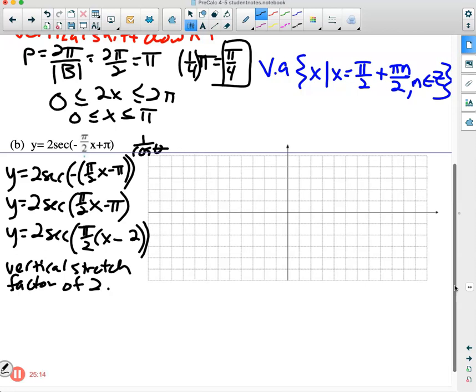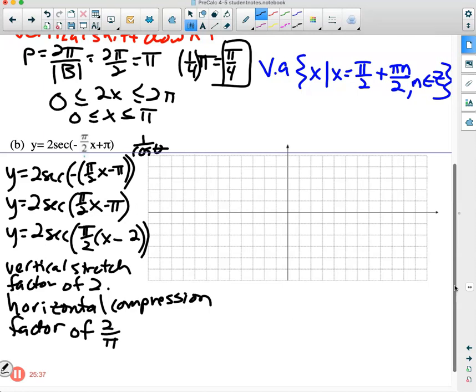And 3.14 and so on divided by pi, that's going to be more than 1. So this is a horizontal compression by a factor of the reciprocal of pi over 2, which is 2 over pi. Won't that be interesting?